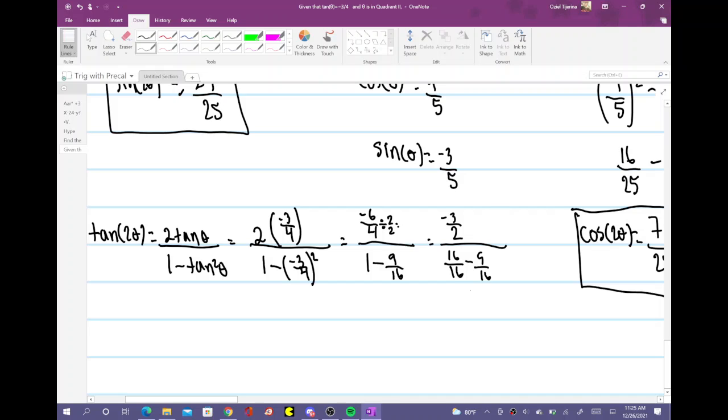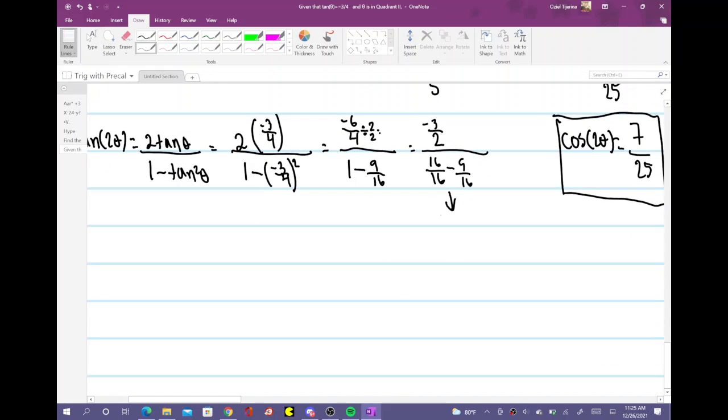This becomes -3/2 divided by 7/16. We simplify a little bit more, so -3/2 times 16/7.